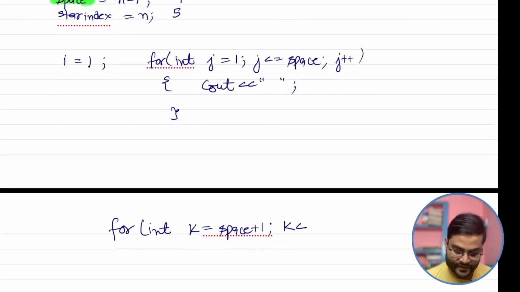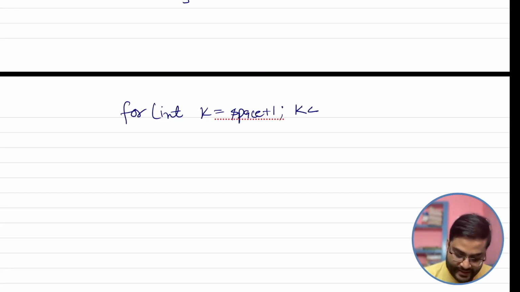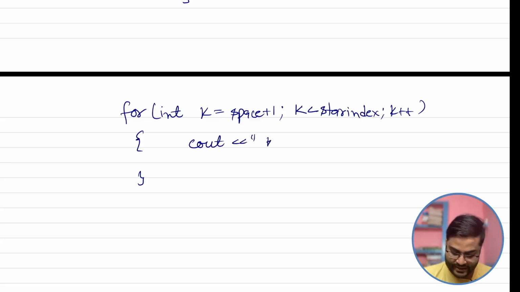Till the star index. The star loop will run till the star index, so keep on increasing, and we will print the star.